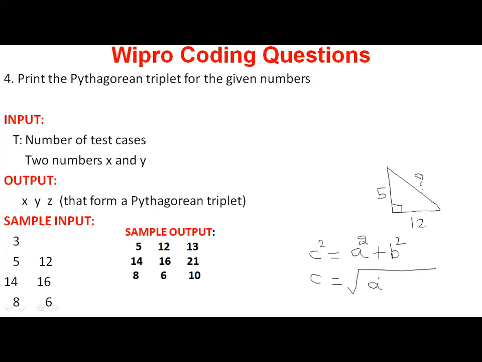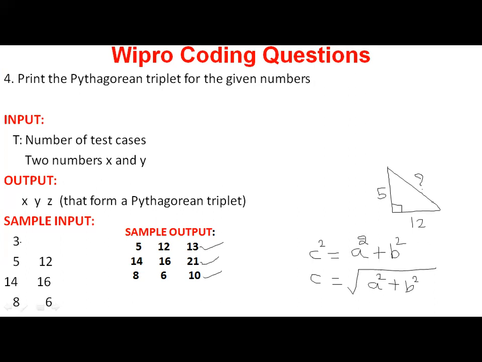a, b are given to us. Then if you calculate the sum of squares of these two numbers and take the square root of the sum, that gives the third number. These three a, b, c now form the Pythagorean triplet. For each pair your program should calculate.